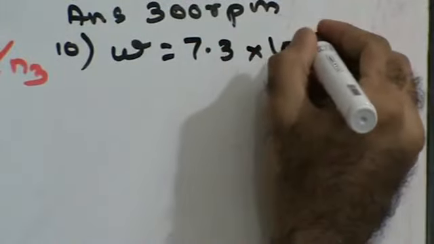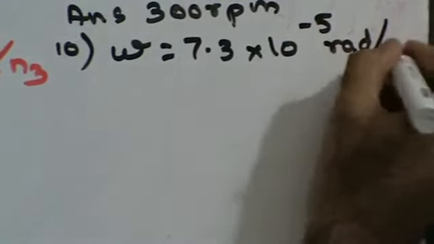Assuming that the earth is a sphere, calculate the moment of inertia about its own axis if the angular velocity of the earth is 7.3 into 10 raised to minus 5 radians per second.